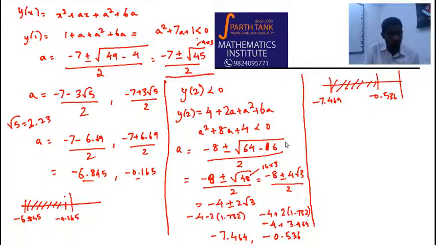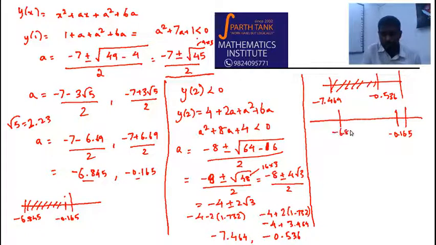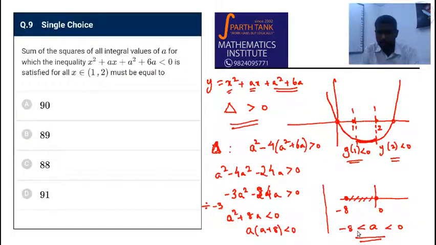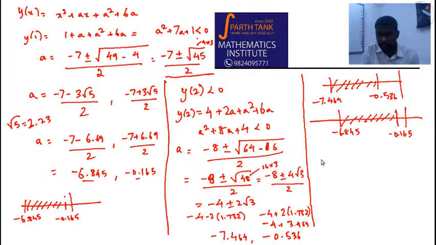So now you see, compare it with this and then imagine. In this I get a has to be in another region, right? That is, it says from minus 0.165 till minus 6.845. It says this range. And in the first thing I got between 0 and minus 8.